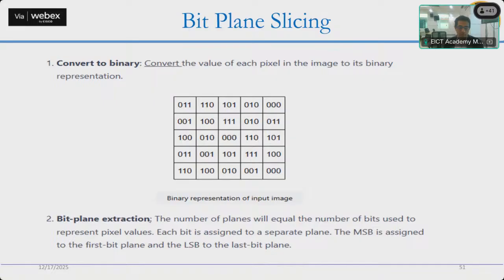Thereafter, we will do the bit plane extraction. In the bit plane extraction, you see one thing: this leftmost is the MSB, the most significant bit. This is the middle one, and this is the last one, the rightmost, which is the least significant bit.